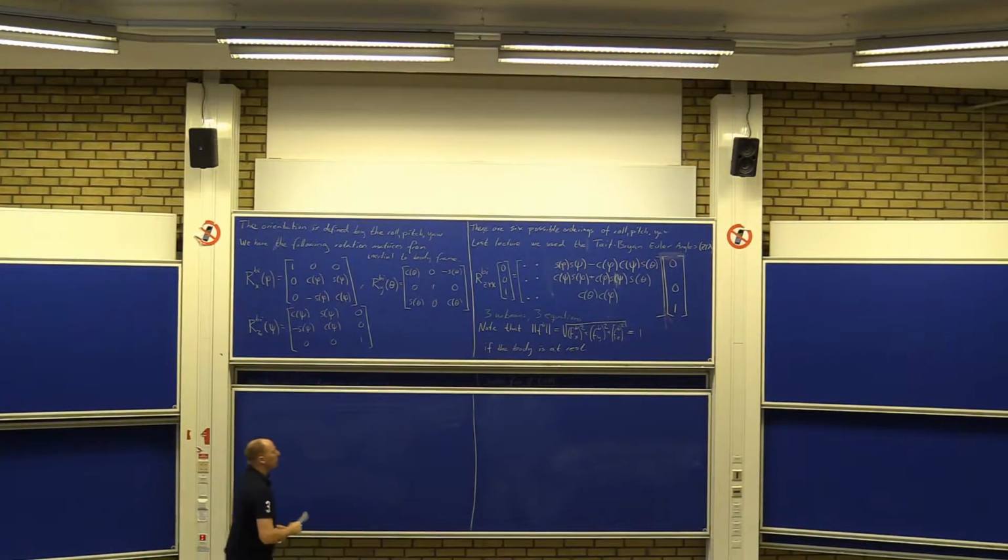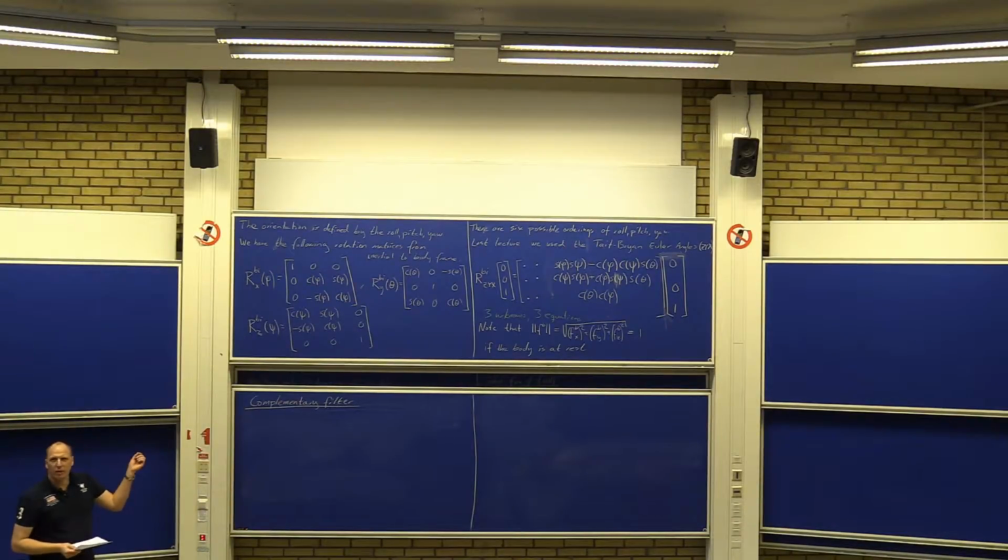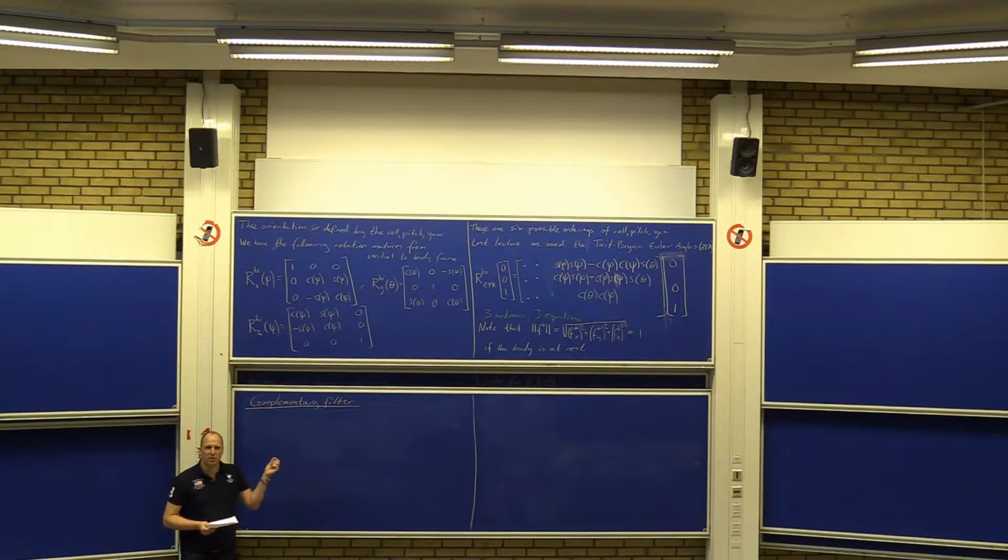Okay, so we continue with the complementary filter. With the complementary filter now, we will try to merge the measurements we get from the accelerometer with the measurements we get from the gyro.